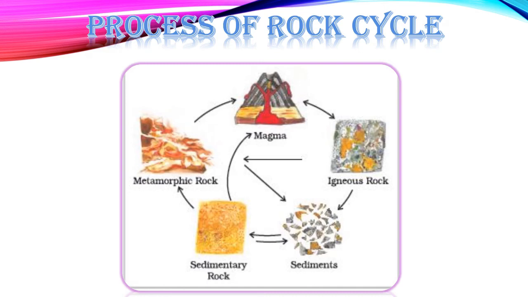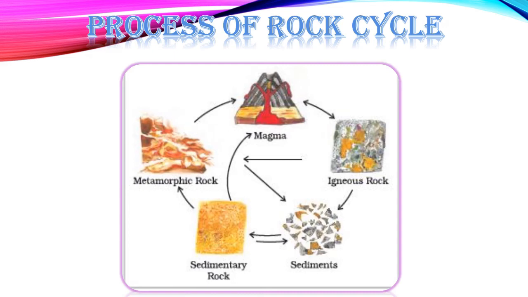You have breakup of the rocks and you have formation of sediments. Now these sediments keep on depositing and form the sedimentary rocks. Now either this sedimentary rock or igneous rock under high temperature and pressure would lead to formation of metamorphic rock.